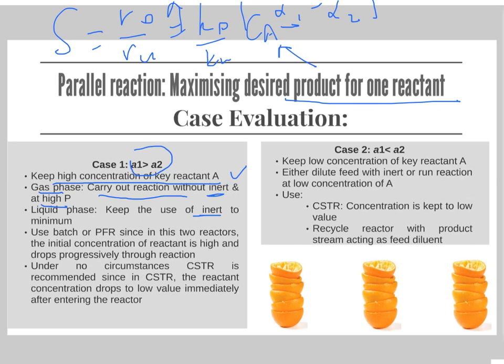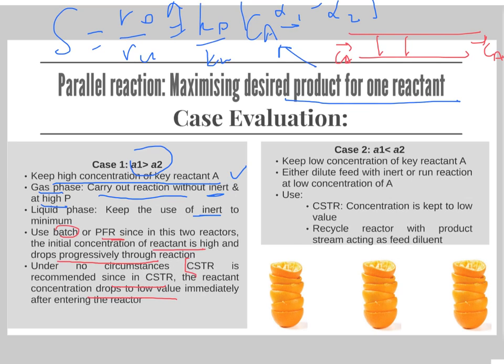What type of reactor? We have to use a batch reactor or PFR, since in these two reactors the initial concentration of reactant is very high and it drops progressively through the reaction. We must not use CSTR, since in a CSTR the concentration drops to a lower value immediately. Imagine if we use a PFR, there is a CA0 coming in, and then this is CAE.